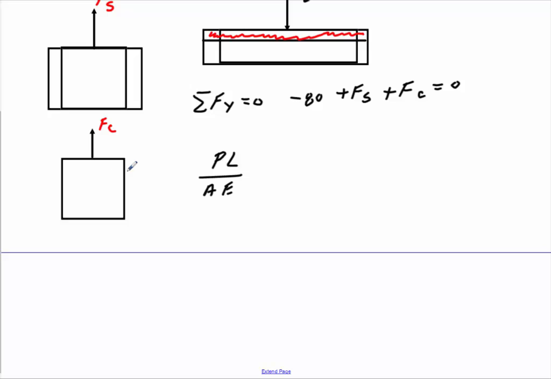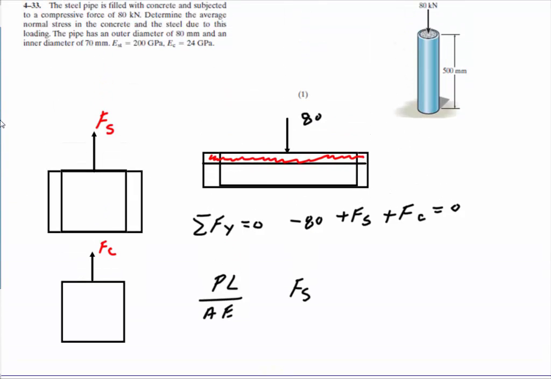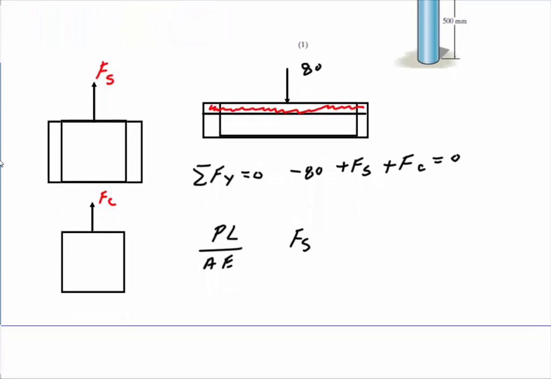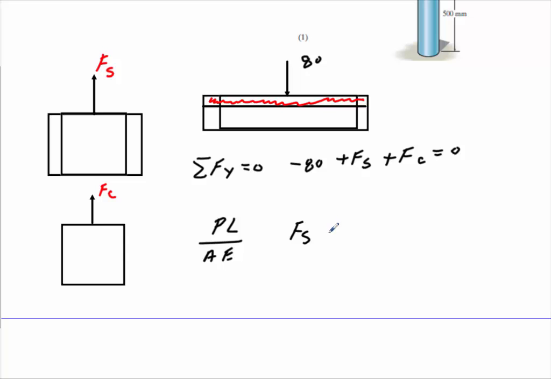So set this problem up like this. The force in the steel over its length, and the length is going to be 500 in this case. If just to save time, you can put in the 500, or you can just put an L. I'll put in the 500. We're going to cancel them out anyway.